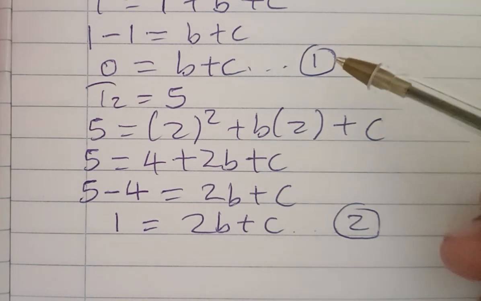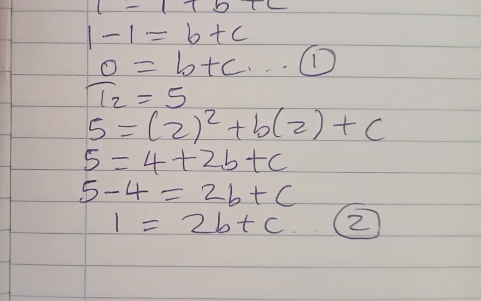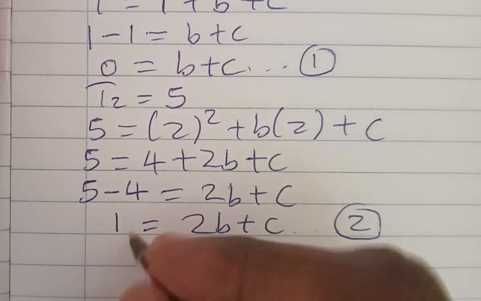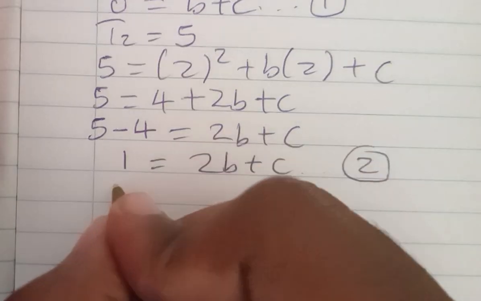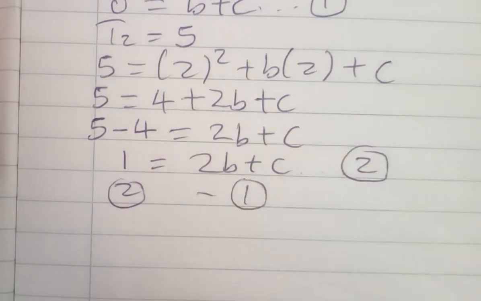Remember, I got equation 1, now I have equation 2. So far, I know the value of a, I don't know the value of b, and I don't know the value of c. So I will use equation 2 and equation 1 to get the value of b and c. Now I have to say equation 2 minus equation 1.